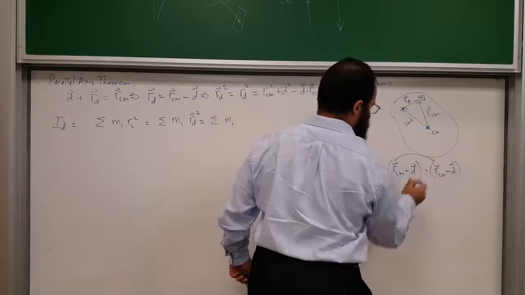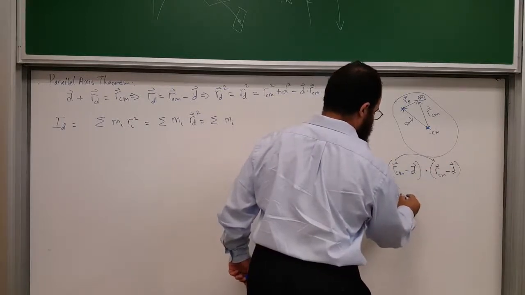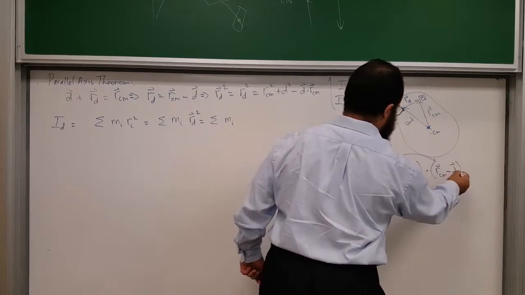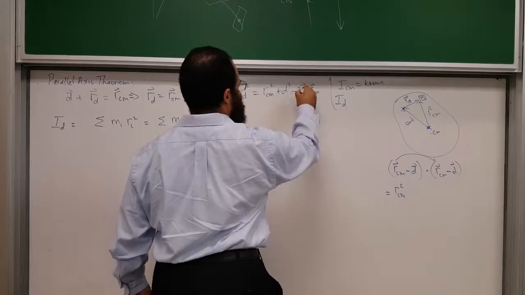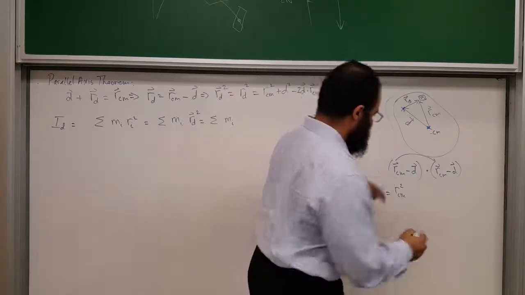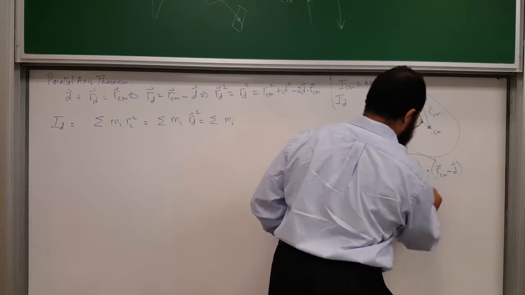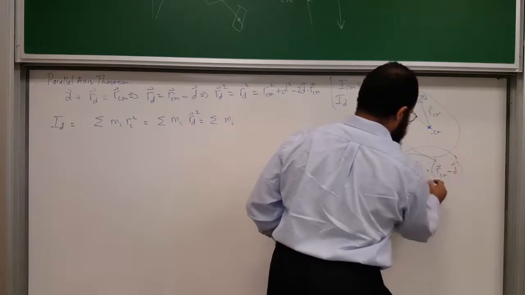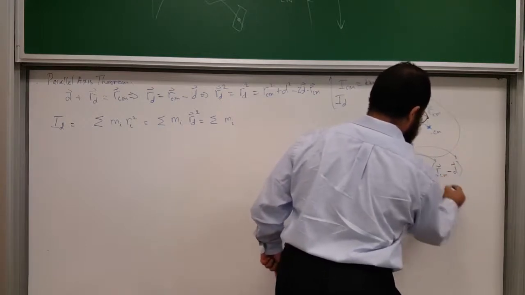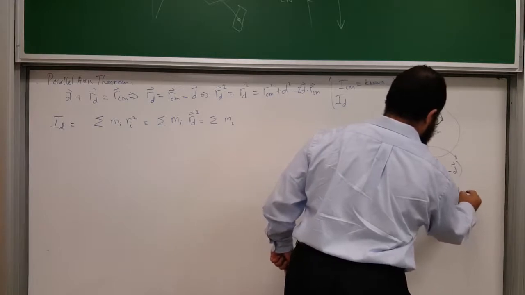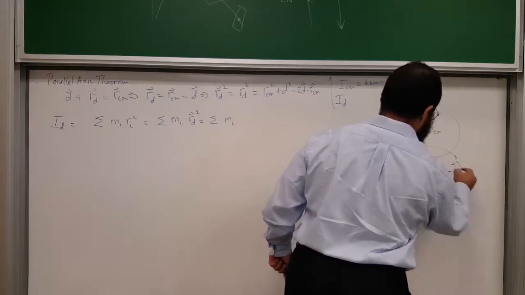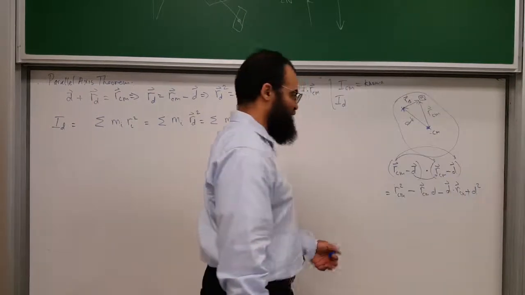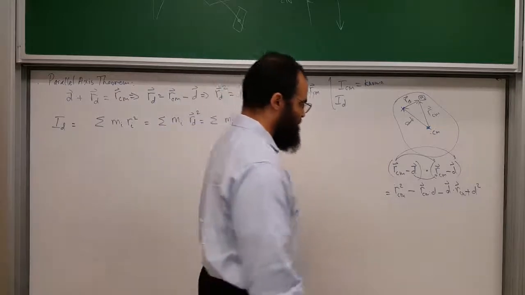You put R center of mass dotted with itself, that gives you R center of mass squared. And then when you do R center of mass dot d, oh, I'm sorry, there should be two here. Good thing I did it. You get negative R center of mass dot d for this part, and then negative d dot R center of mass, and then negative d dot negative d will be plus d squared, because a vector dotted with itself is just the magnitude squared.